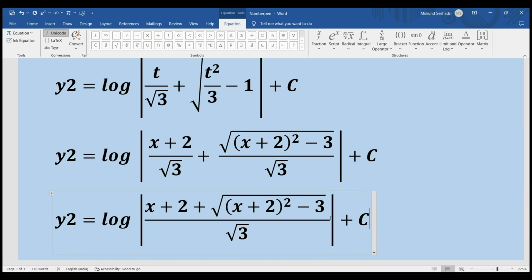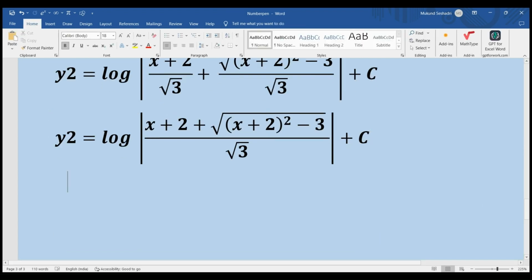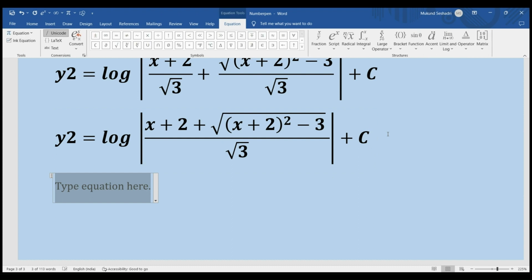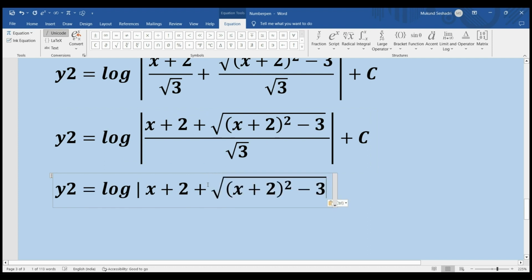So I already have a constant c, and I can combine this constant c with the log of root 3. So what happens to my y2 is it becomes a log of x plus 2 plus the expression, x plus 2 the whole square minus 3, which is inside the square root, of course.